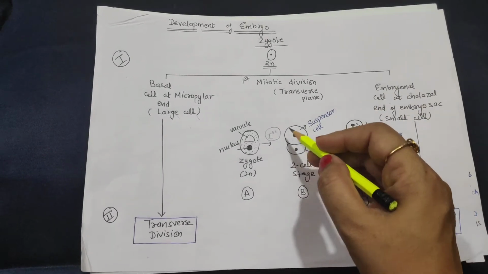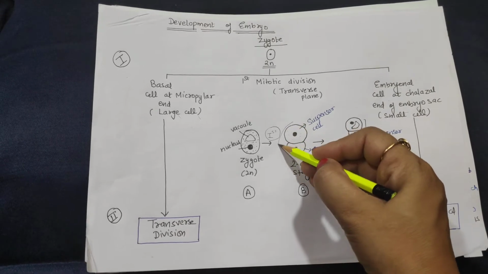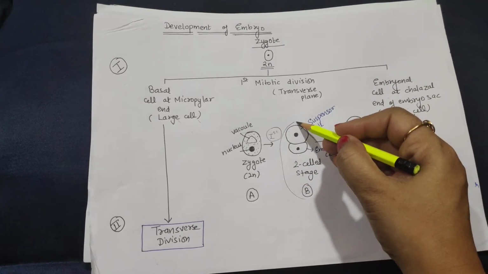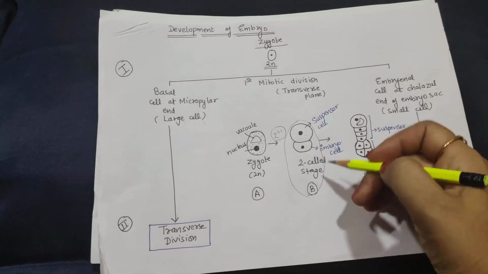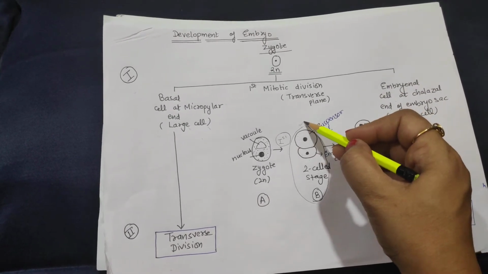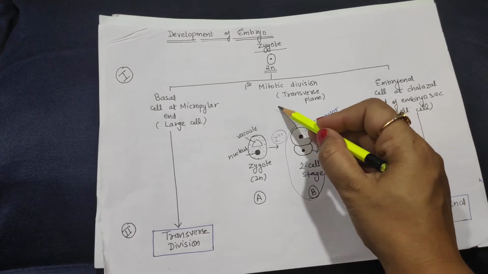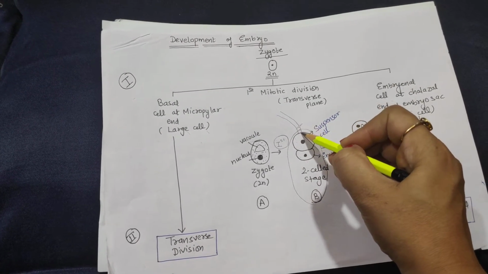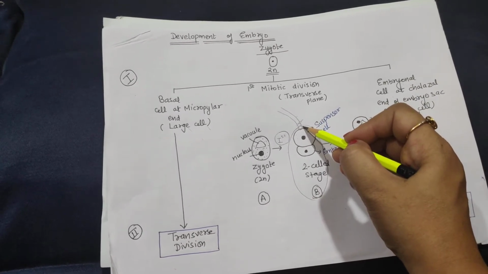If there is any confusion, then I can make a diagram of the embryo sac. Just imagine this is your embryo sac. This is the micropylar end, from where the pollen tube has entered.